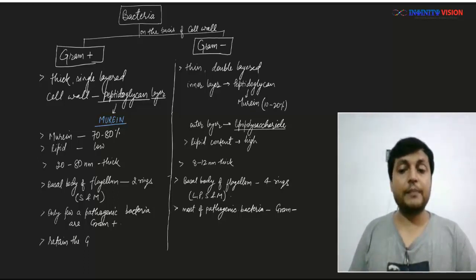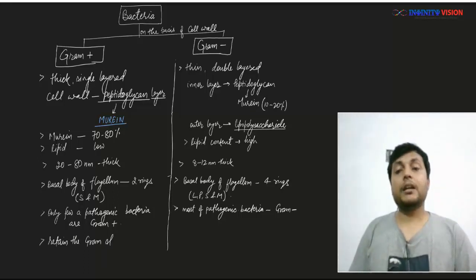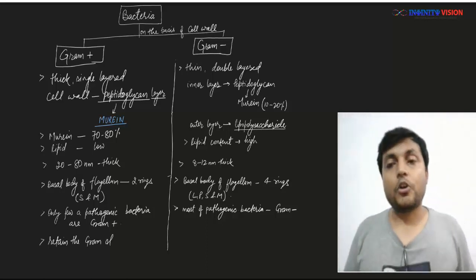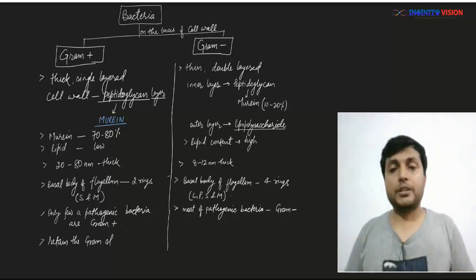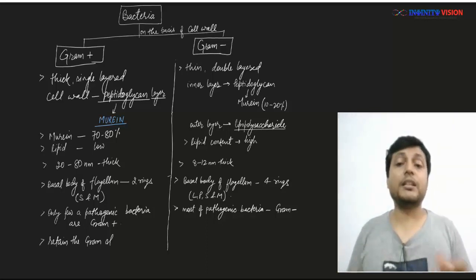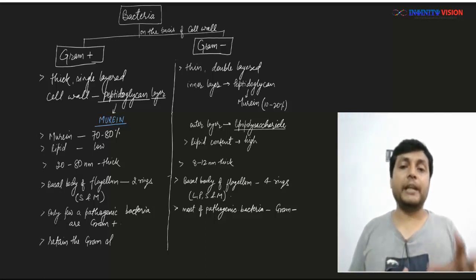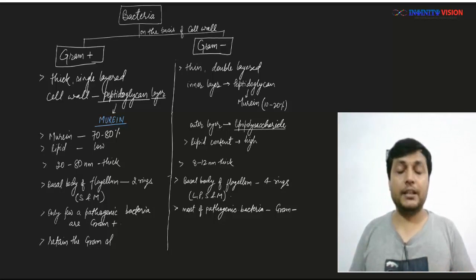Secondly, last but not the least, the most important one rather: what we call gram-positive or negative is not based on the thickness of the cell wall. Rather, we call a bacteria gram-positive or gram-negative on the basis of gram staining.